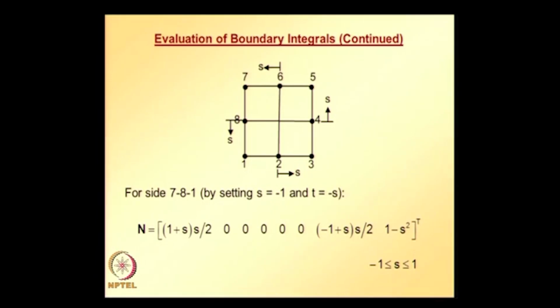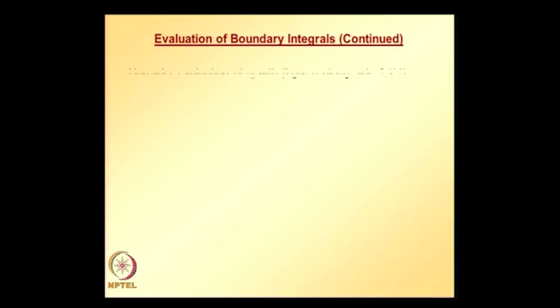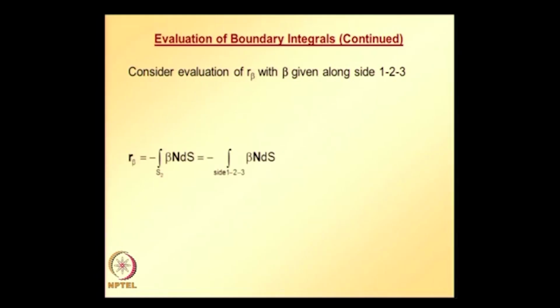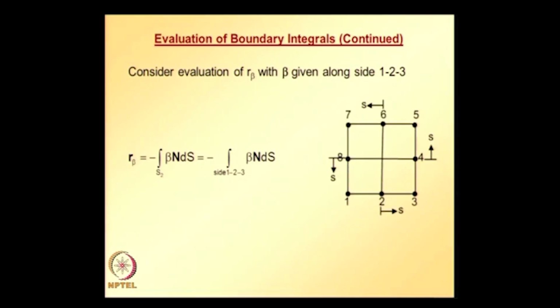So we can evaluate the boundary integral r beta or k alpha. r beta along side 1, 2, 3 is illustrated here.